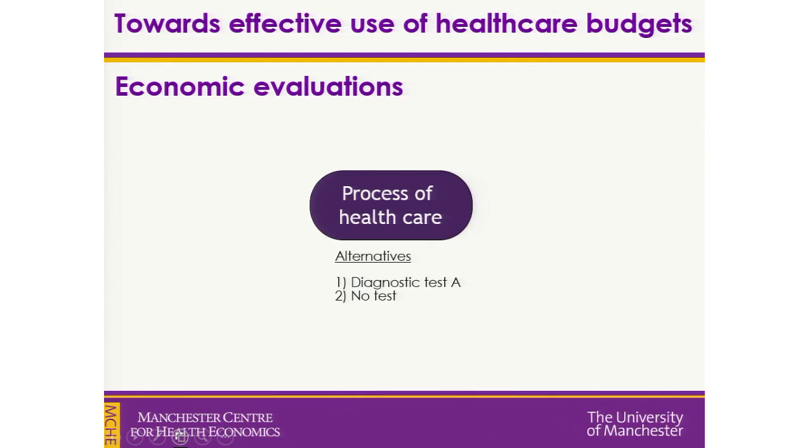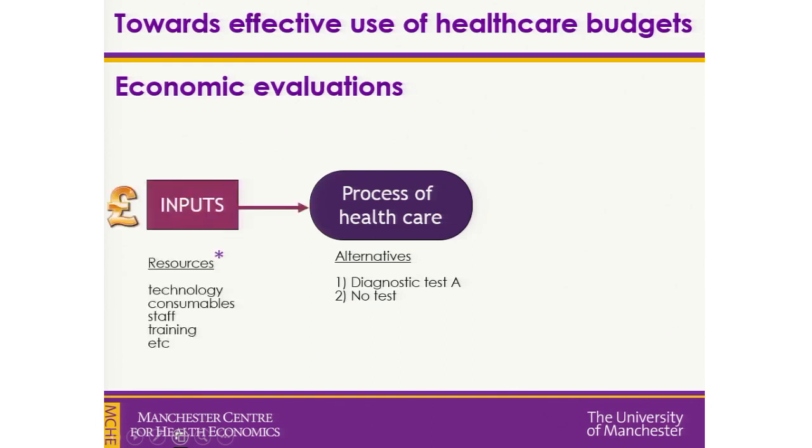It also explains that you have to be very clear about what this process of healthcare means. And this is quite often the hardest part of the evaluation. And this is really where health economists really do value working in a multidisciplinary team, because we need to be able to understand what is it that we're trying to value within these evaluations.